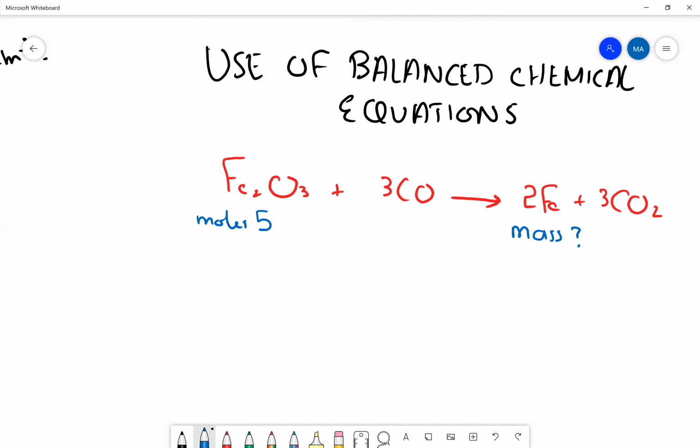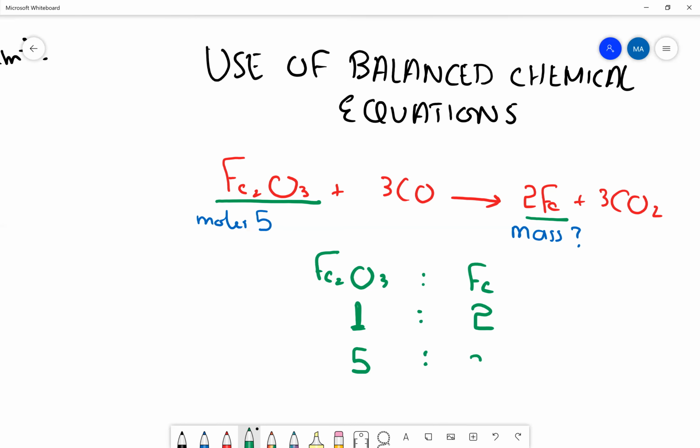So we're identifying the two substances here. Number one, Fe2O3, and the second substance is Fe. Let's write these down. Ratio: Fe2O3 has a coefficient 1 here, so we're going to write 1, whereas iron Fe has a coefficient 2. Now moles: 5 moles for Fe2O3 and X moles for Fe.